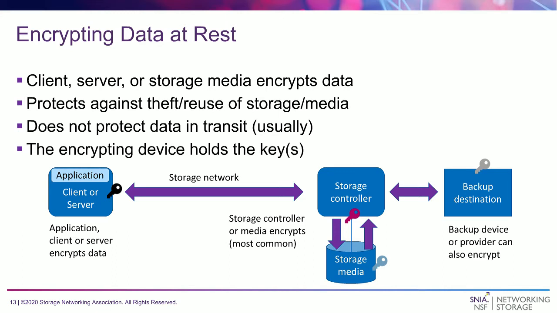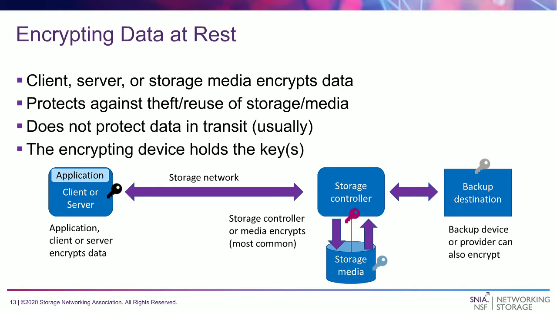The encryption at the storage could also be done by the storage media if you have something like a self-encrypting drive. And in that case, the storage controller passes the data in the clear to the media, and the media encrypts it using a key or a set of keys. And then finally, the data that goes to the backup is often encrypted, and that encryption is usually separate or in addition to what's on the storage.